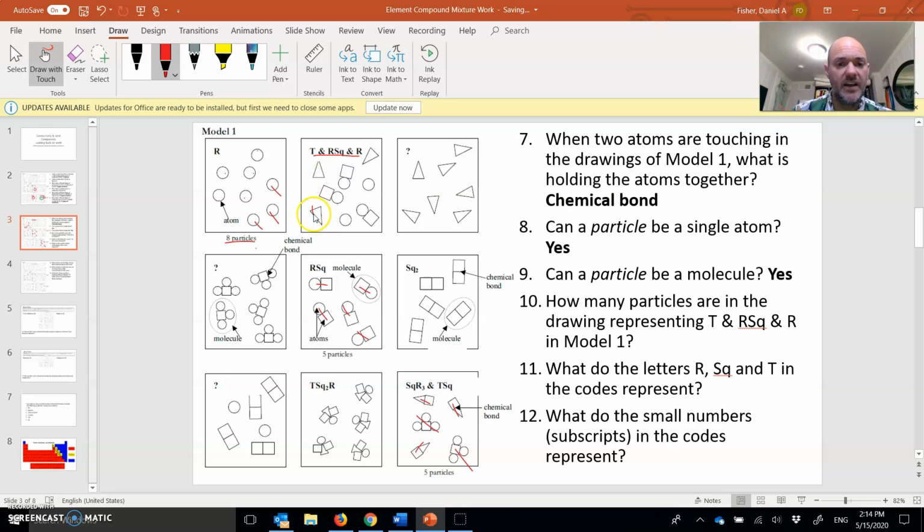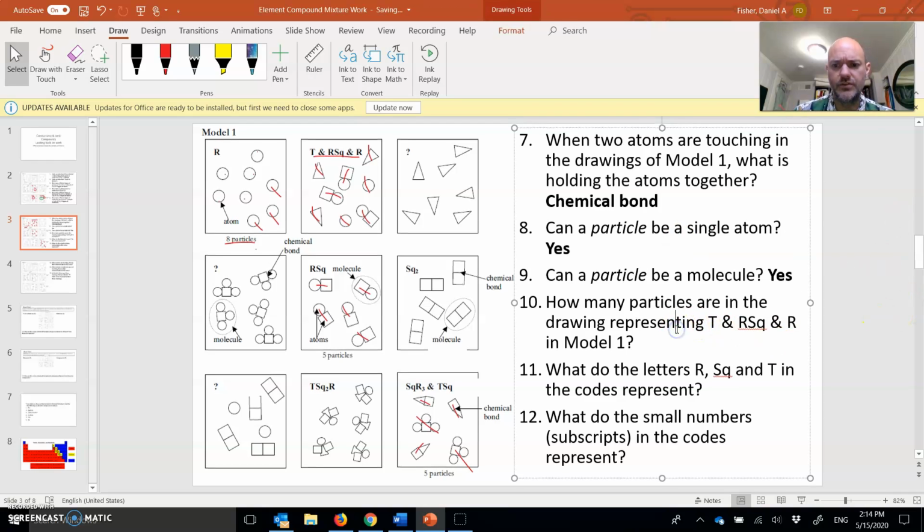So let's see, I've got 1, 2, 3 single triangles, 4, 5, adding in these single circles, 6, 7, 8. All right, so when I look at that, I see, okay, there are 8 particles in this.